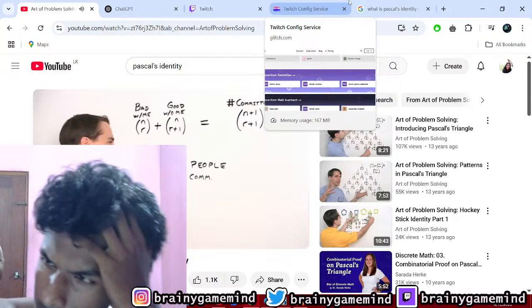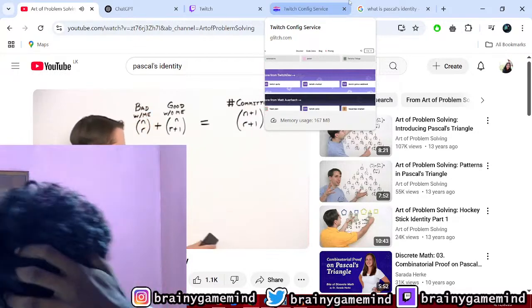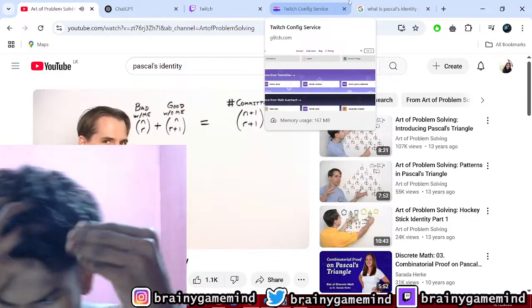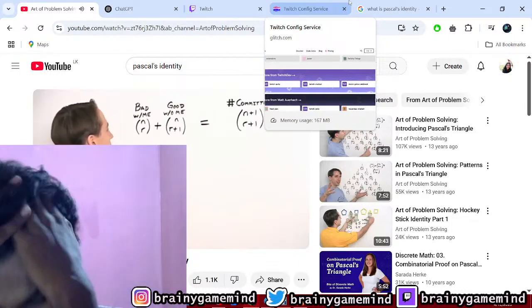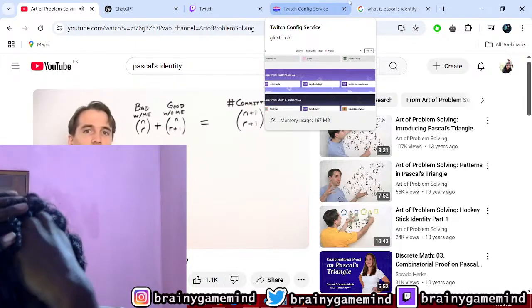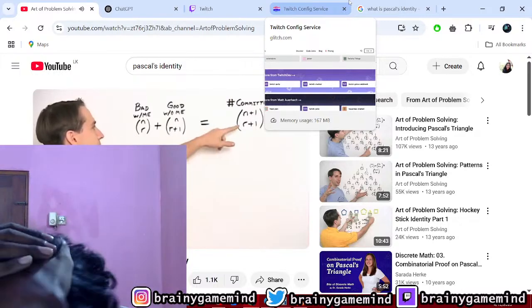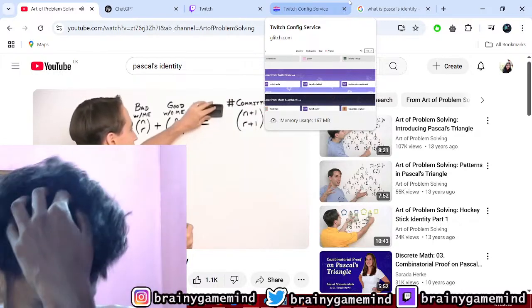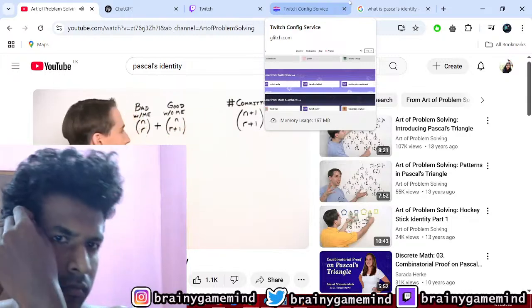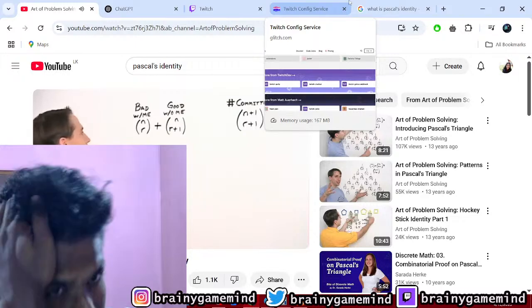But let's go ahead. When we saw the last combinatorial identity, we also had an algebraic explanation for it. Let's go ahead and see if the algebra will work here as well. We'll start with the definition for combinations. We'll write it in terms of factorials. Then we'll see if when we add these two, we get that one. So I'm going to go ahead and erase this. We're going to try to prove this again using algebra. First, we'll write this in terms of factorials.